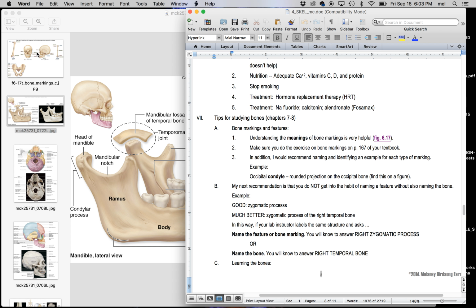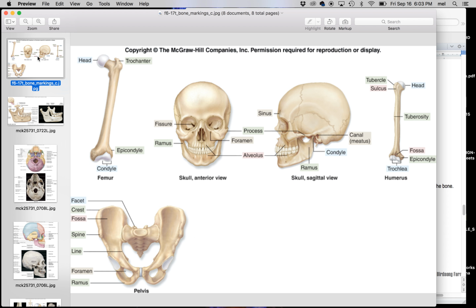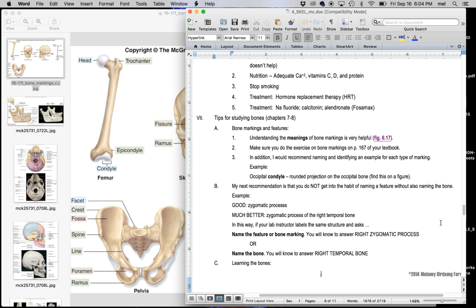So let's go back to here for just a second. This is the mandibular ramus, but this is the ramus of the pelvis. So it's usually got like a straight part in a bone. Okay, so you're going to see a ramus in multiple places. You're going to see spines and fossas and facets in multiple places. And you need to know what those mean.